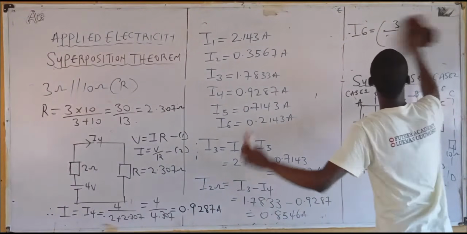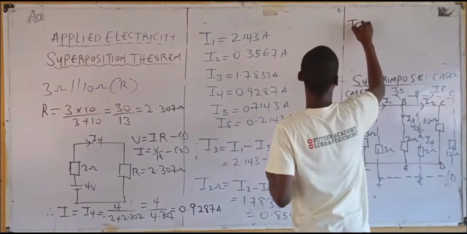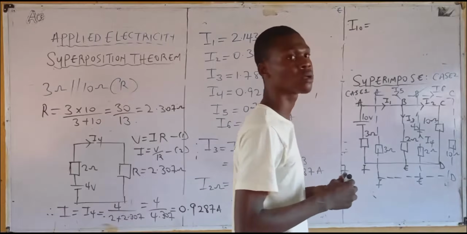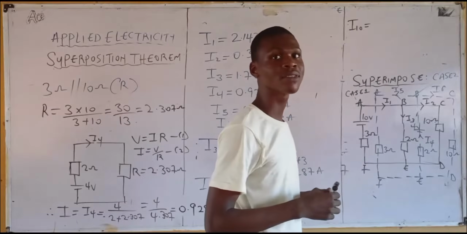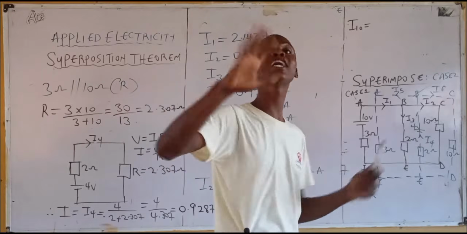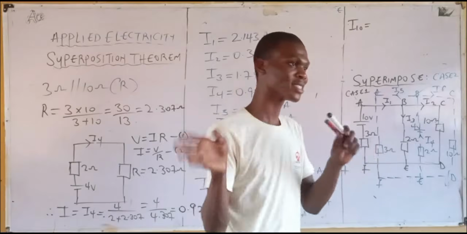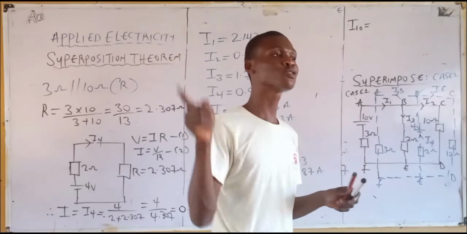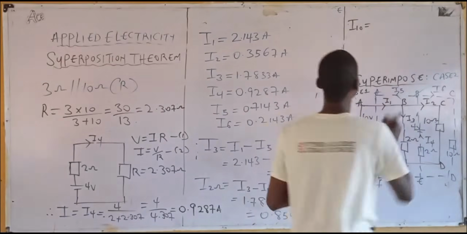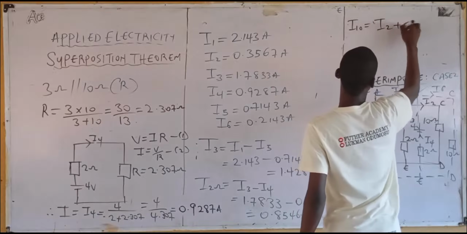For the last one, I of 10 ohms, that's I2 plus I6, for case 1. Yes, it's addition, but don't get it wrong, go with that order. I2 plus I6.